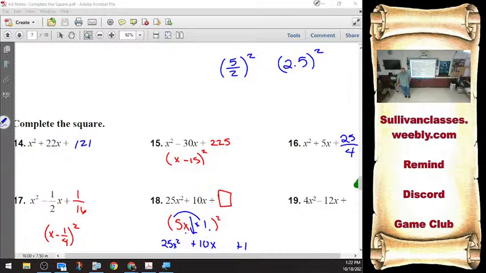Sure enough, it got me a 10x in the middle. And my constant at the end tells me what number is going to complete the square. Okay, it is 9.